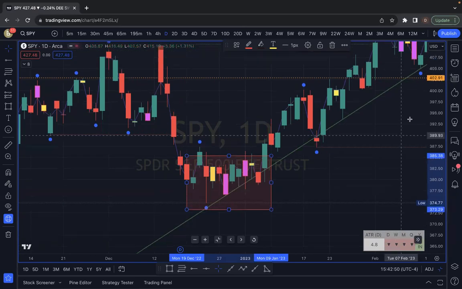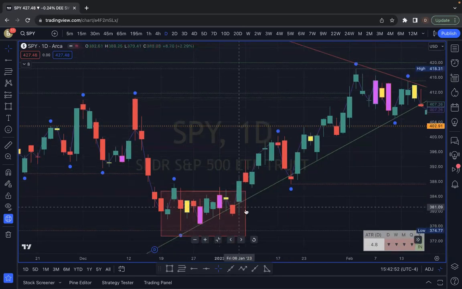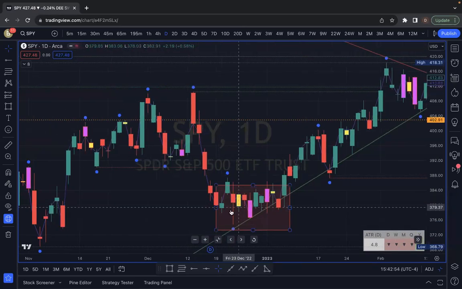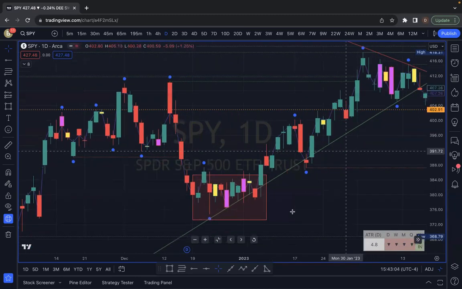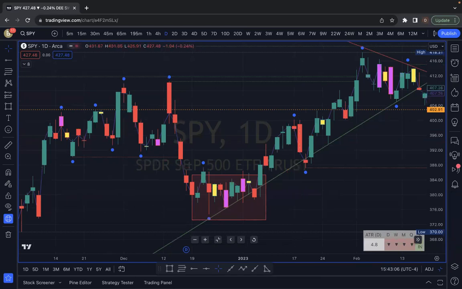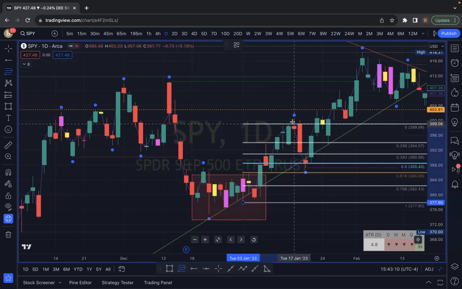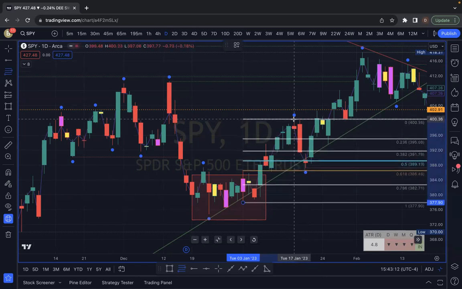So if we're looking at the uptrend portion, one of our confluences could be that we were stuck in a range, we broke out, and then we retraced back to a trend line after breaking out of the range. One thing we can do is put our fib down here, to this swing high.